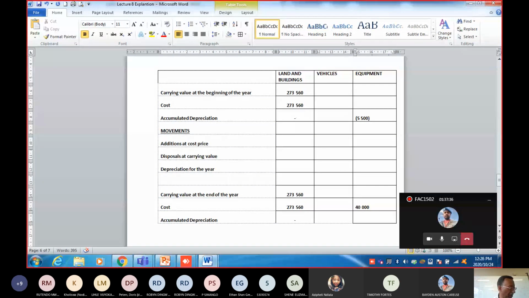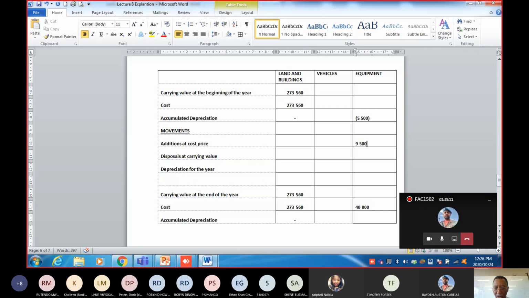They also tell you that under number 5, sorry guys, that equipment with a cost price of 9,000 Rand was purchased, and the installation cost thereof was 1,500. So your additions must be the amount of 9,500. Remember now, the installation cost is part of the cost of the asset.